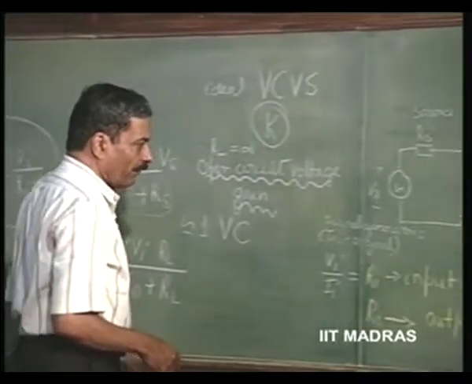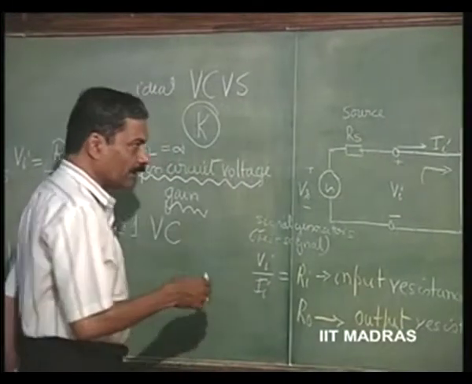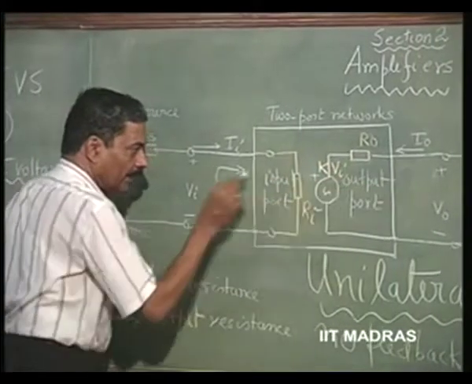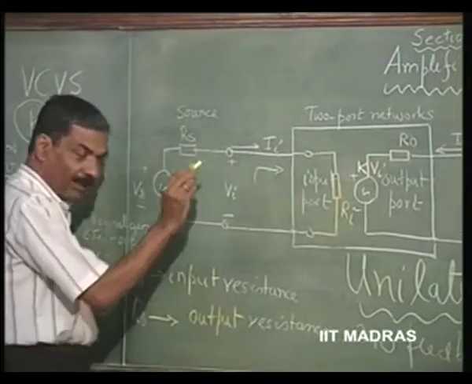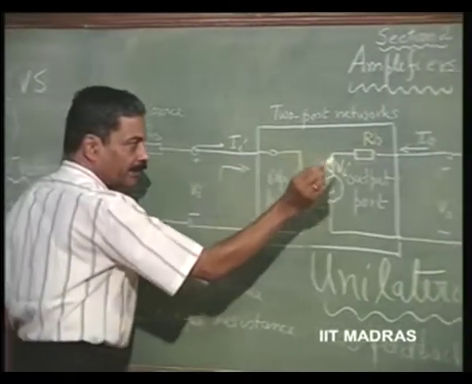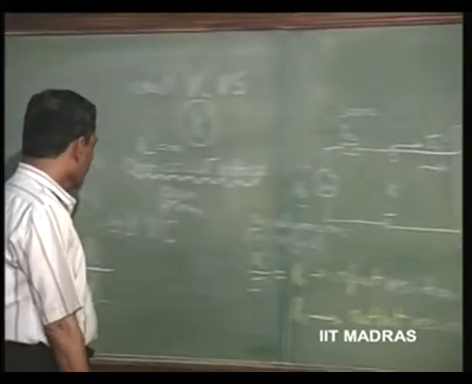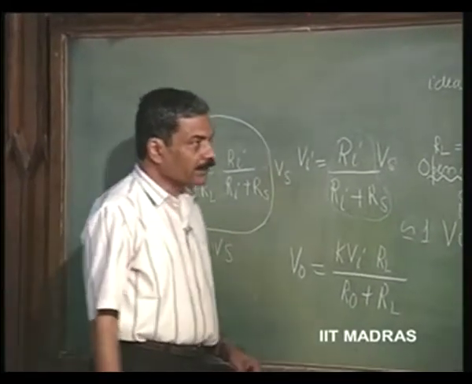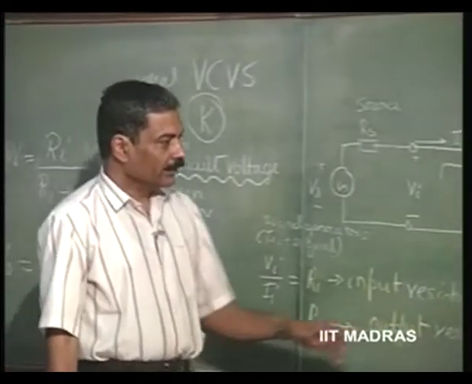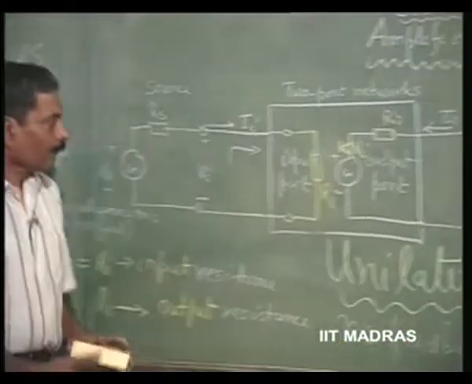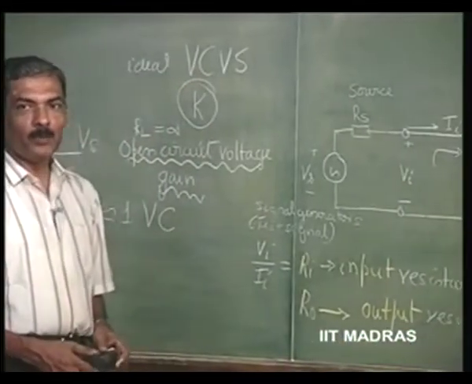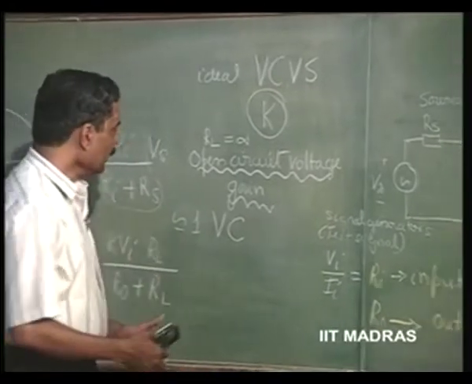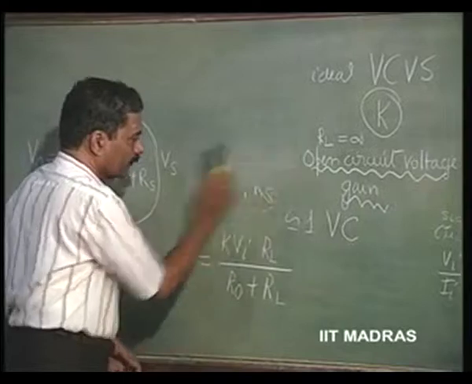That is, there is no interaction of what is happening at the output on the input port, whereas what is happening at the input port is getting transmitted to the output. Now, this has to be very, very clear. Obviously, we can represent this in the two-port parameter method. Let us see what this two-port parameter is.